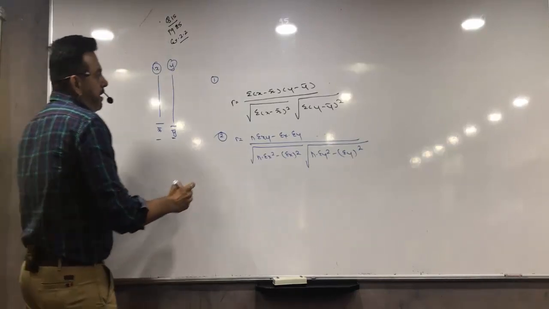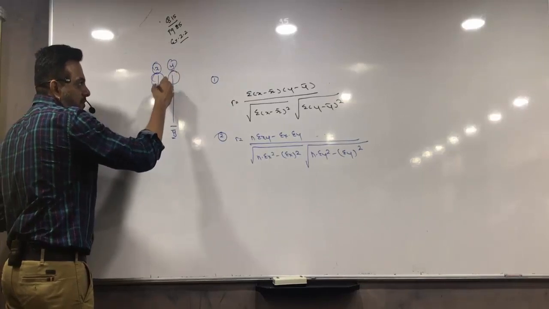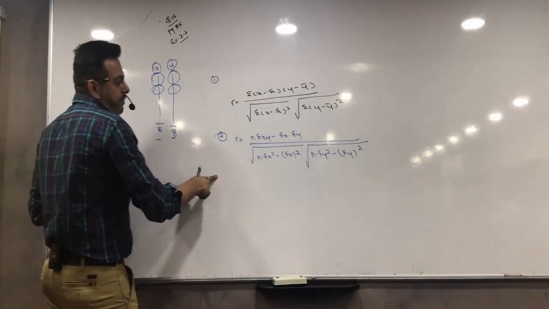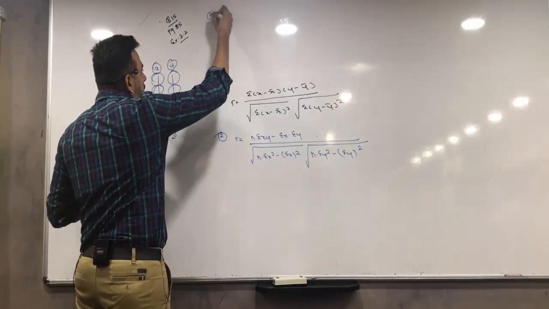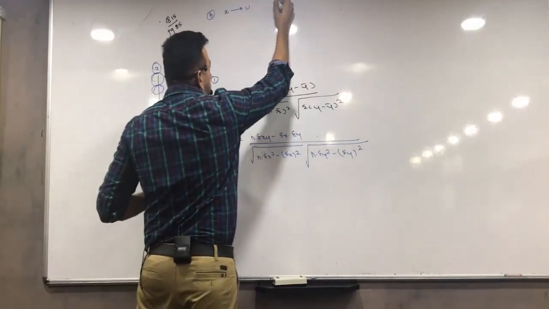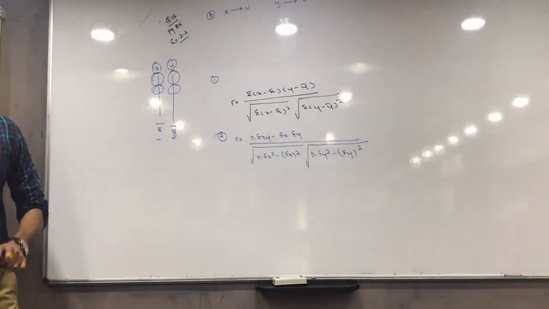Now when x and y are large observations, at that time we go for the third formula where we convert x into u and y into v. How do we convert? It is very simple.